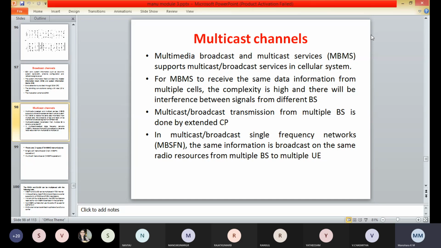So it sends the same content information to all the user equipments or to a given set of user equipment, and is used to provide services such as mobile TV.